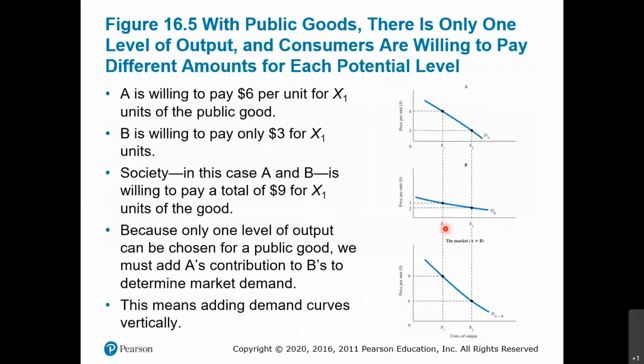The first unit gives family A $3 of benefit. The first unit gives family B $3 of benefit, family A $6 of benefit, which means it's economically efficient. If it costs $9 to produce, it makes sense to do. So the demand curve is a vertical sum.